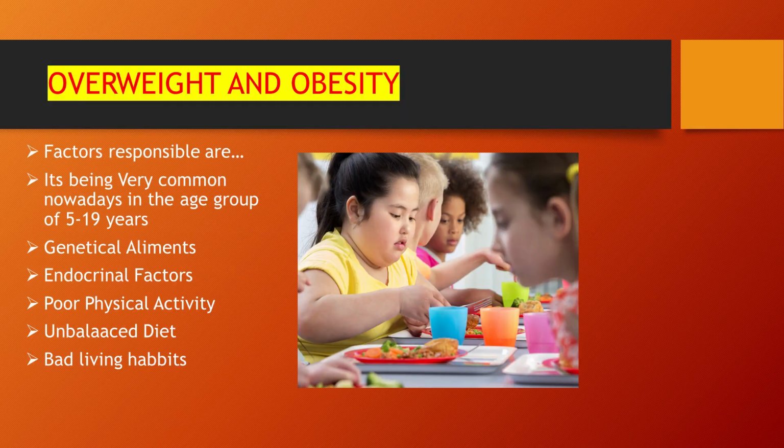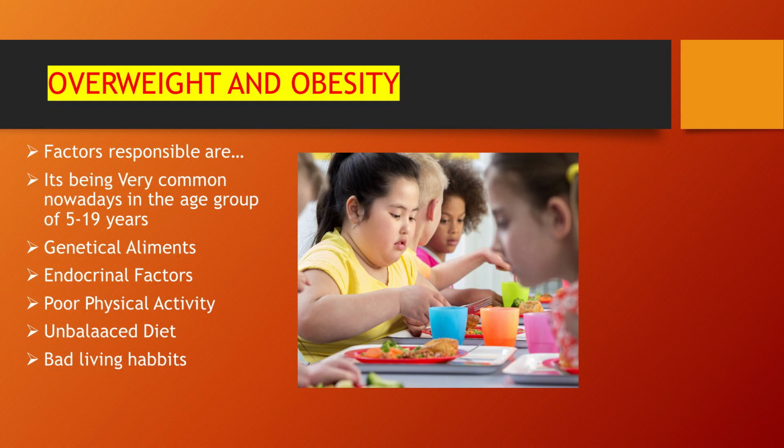Now, coming to overweight, why do overweight and obesity result? What are the factors responsible for overweight? Nowadays, in children, especially the age group of 5 to 19 years, overweight is a very common problem. Why has this become a common problem?